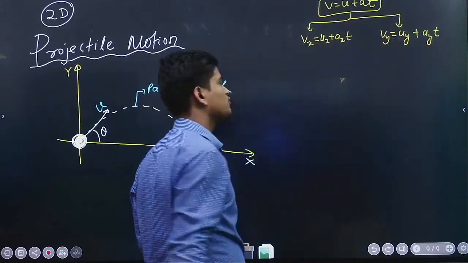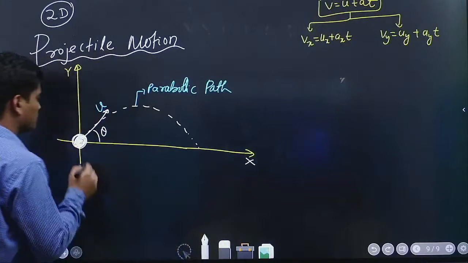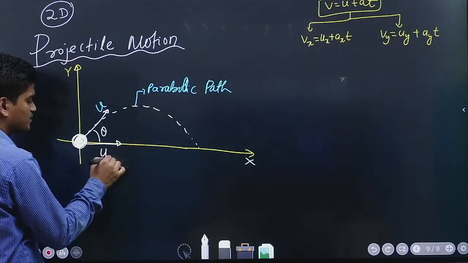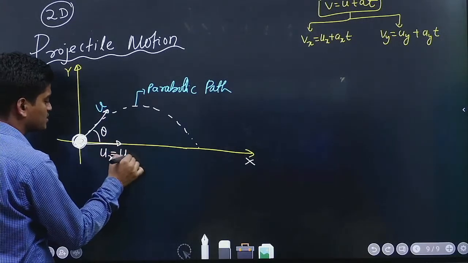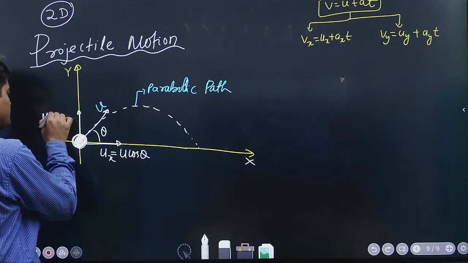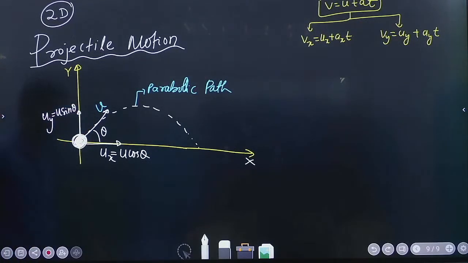The similar approach I'll do here. If this u is resolved, in the x-axis the initial velocity component is ux, that is u cos theta, and here uy will be u sin theta.